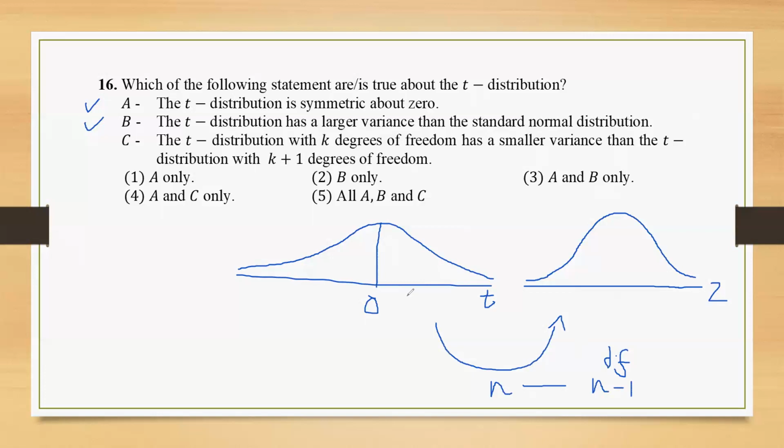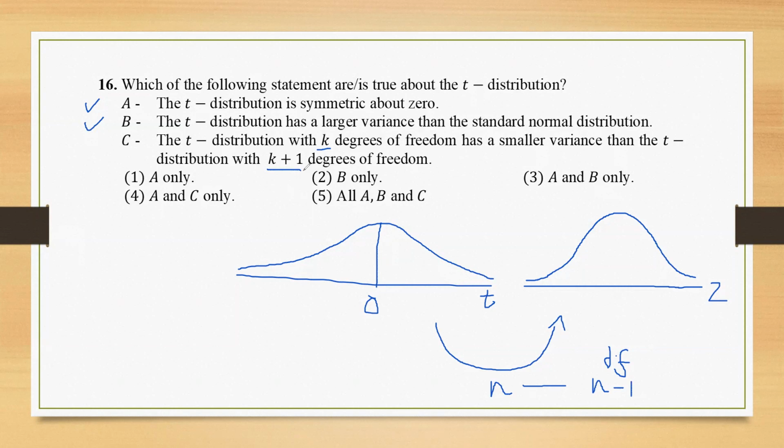So what happens when the sample size or the degrees of freedom increases is that the variance decreases. So the variance of a T distribution with k plus 1 degrees of freedom is smaller than that with k degrees of freedom.